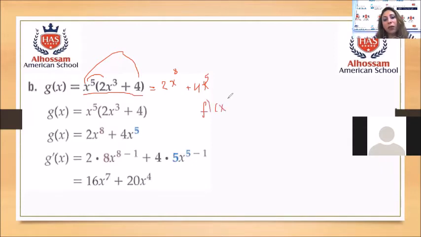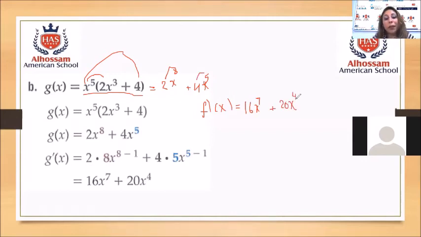How can I find the derivative here? Multiplying the power times the scalar. So here 2 times 8 is 16, and then 8 minus 1, we have x power 7. Okay, the next one, 5 times 4 is 20, and if you subtract 1 from the power, you have 4.